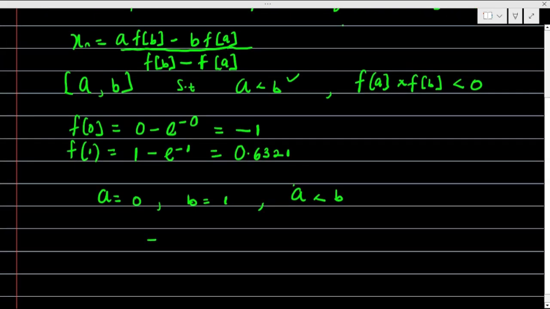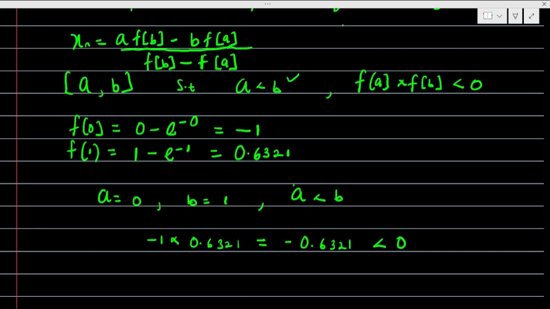Minus 1 multiplied by 0.6321 gives me minus 0.6321, which is less than 0. Can you see? These two values have satisfied our rule.